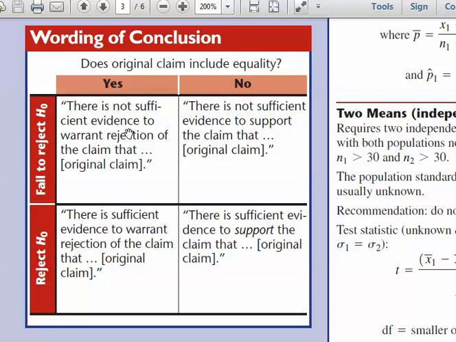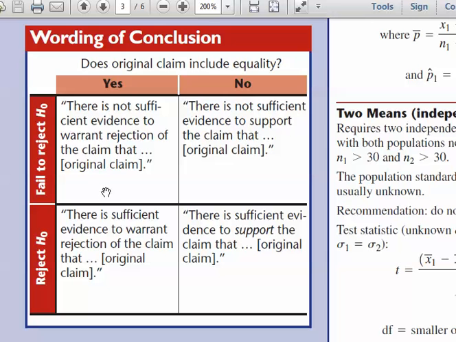There is not sufficient evidence to warrant rejection of the claim that the proportion of successes for men making a call against the referee and having it be overturned is equal to the successes of women calling for something to be double checked and it actually being overturned. So there's not sufficient evidence to reject that, they are equal.